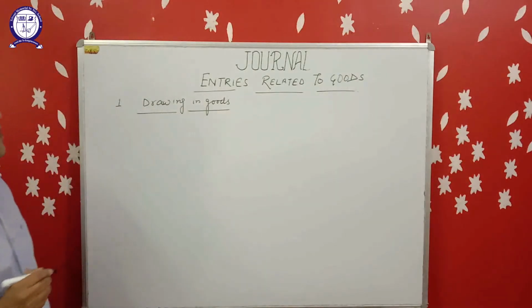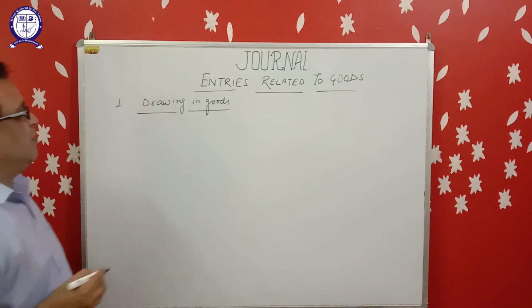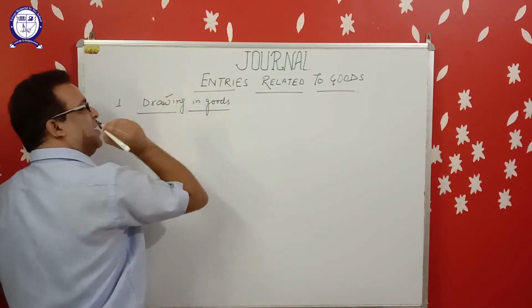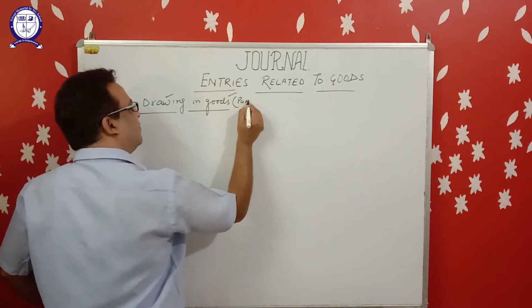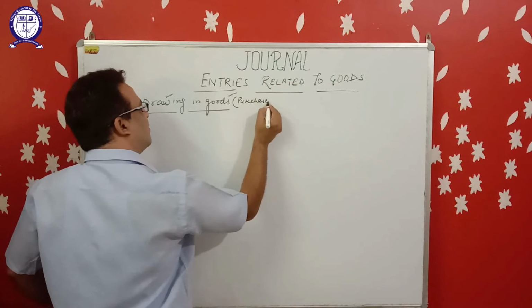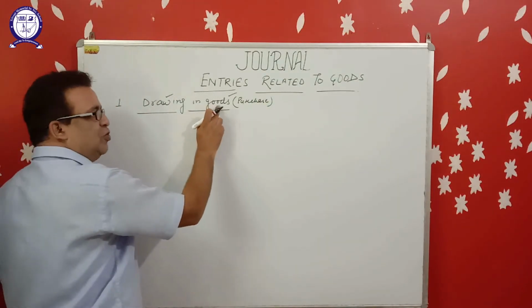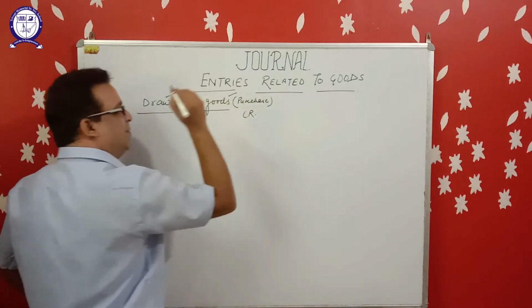When owner withdraws the goods for his personal use, what will be the journal entry? Two accounts are affected here. Number one, drawing. Number two, purchases. When goods reduced, purchase account will be credited every time.